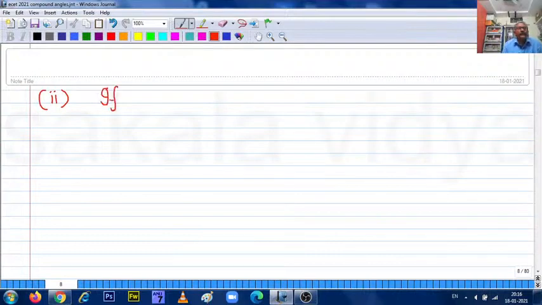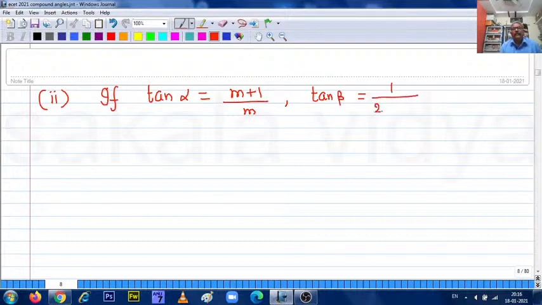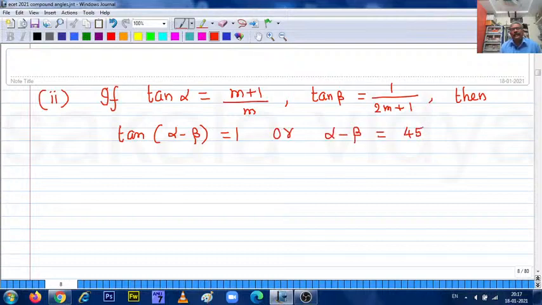If tan alpha is equal to m plus 1 by m, reverse, m plus 1 by m, tan beta equals to 1 upon 2m plus 1, then tan alpha minus beta equals to 1, or alpha minus beta is equal to 45 degrees or pi by 4. Pi means 180 degrees, by 4 that will be 45 degrees.